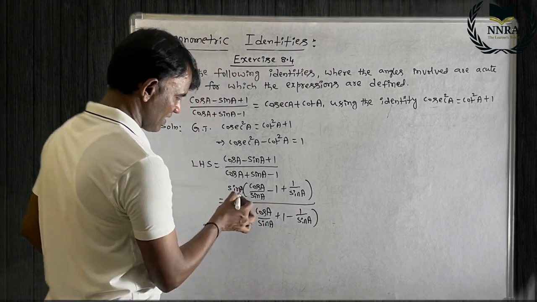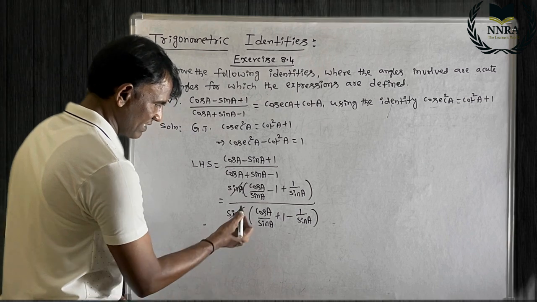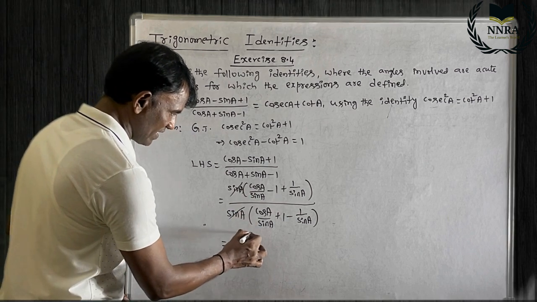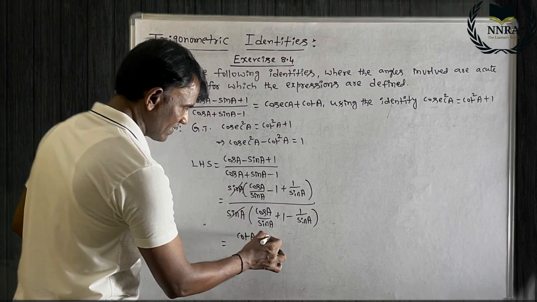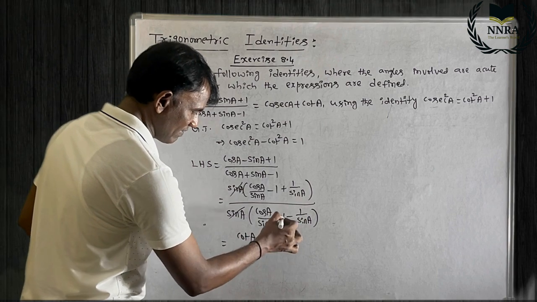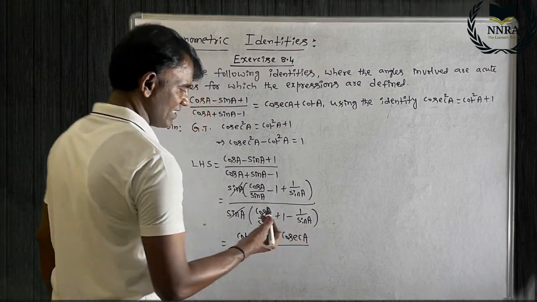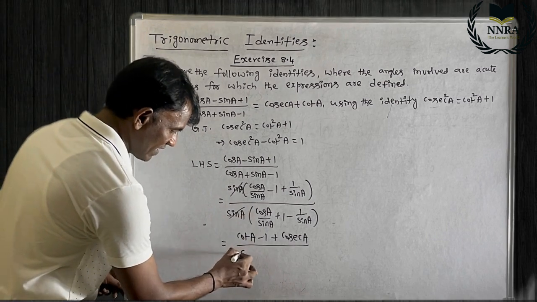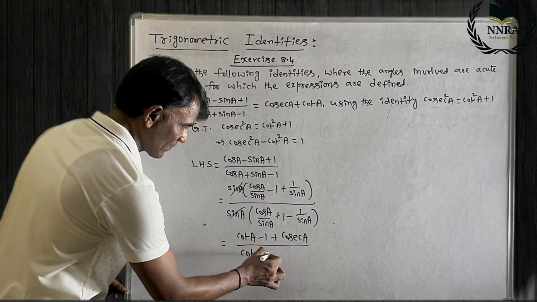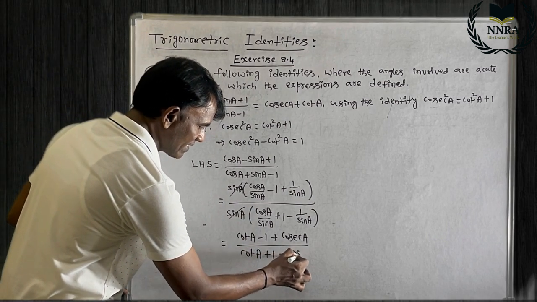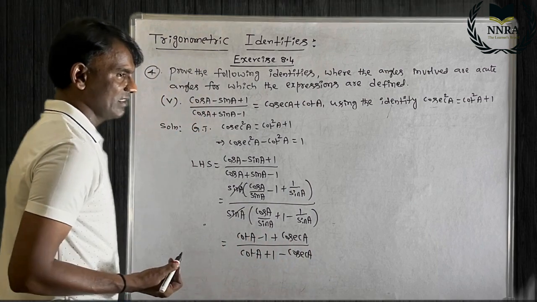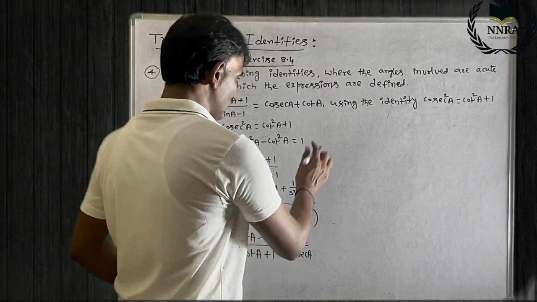Now here sin A gets cancelled. And cos A by sin A can be written as cot A, minus 1, plus 1 by sin A can be written as cosecant A. So cosecant A divided by again cos A by sin A, that is cot A plus 1 minus cosecant A. And here first write these two terms.